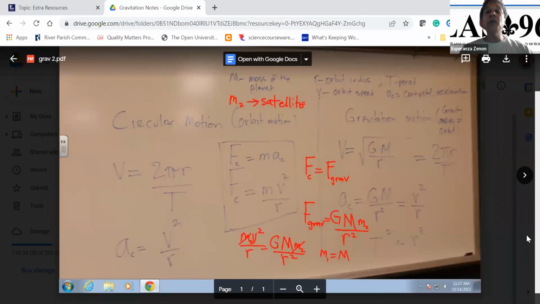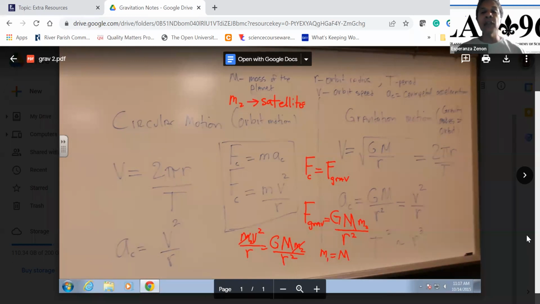But up to now, we hadn't really been dealing with the force associated with orbit motion because we're just learning forces, and in particular, we're just learning the gravity force. But what you need to understand is the centripetal force, the circular motion force, is equivalent to the gravitation force because gravity keeps the satellite in orbit, okay?